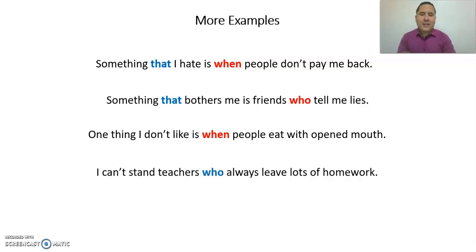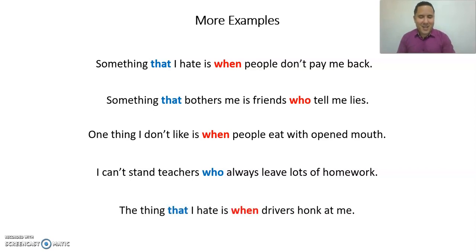Next, I can't stand teachers who always leave lots of homework. Well, I'm sorry. Yeah, I can't stand those kind of teachers. So I hope not to be one of those teachers, okay? And the last one, the thing that I hate is when drivers honk at me. Yes, that's something that I really hate. People, drivers, honking at you without any reason.